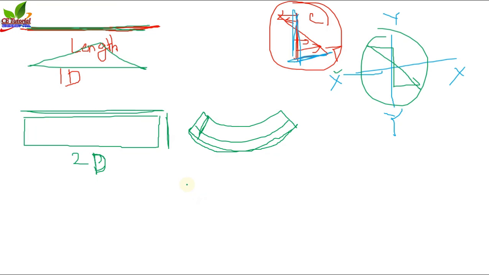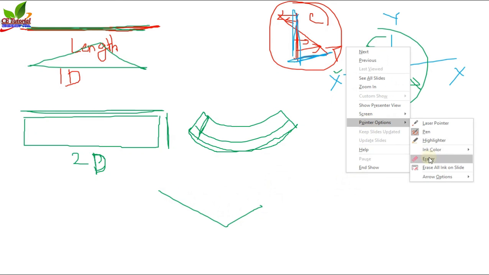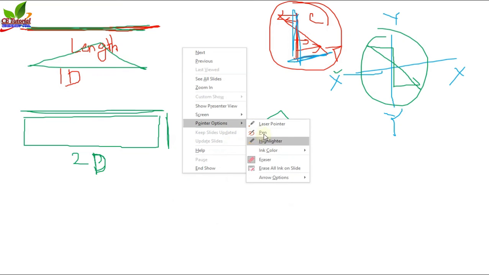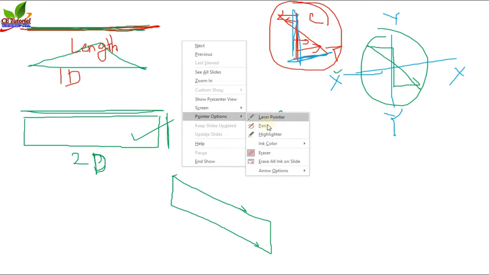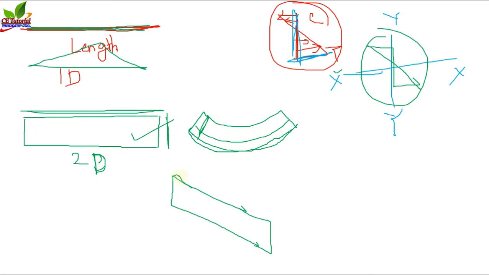If you draw a 3D diagram of this two-dimensional element, you can see that, suppose, this is the beam, and suppose this is the thickness.